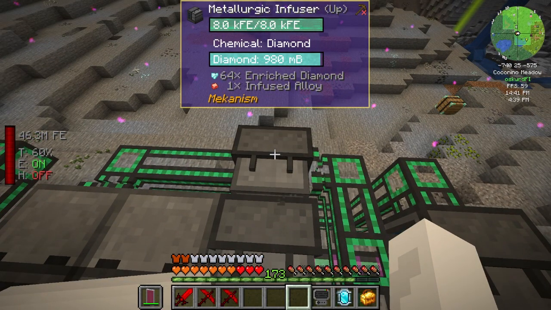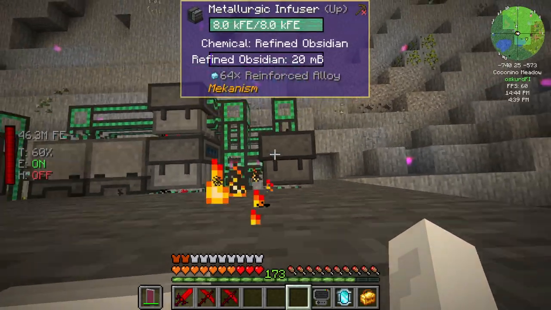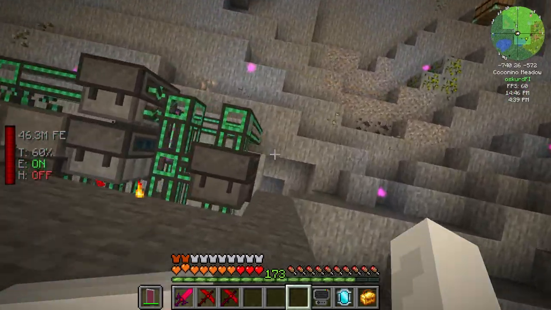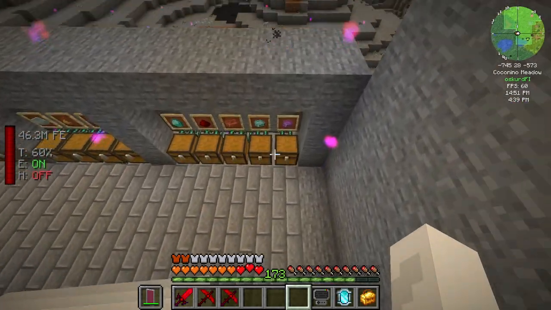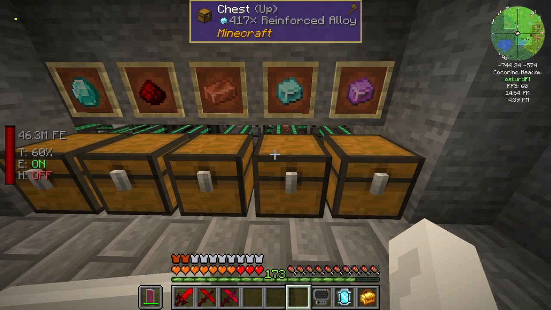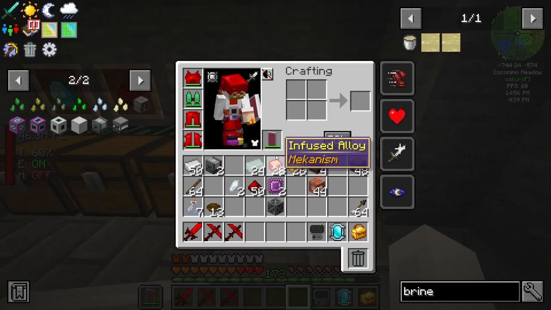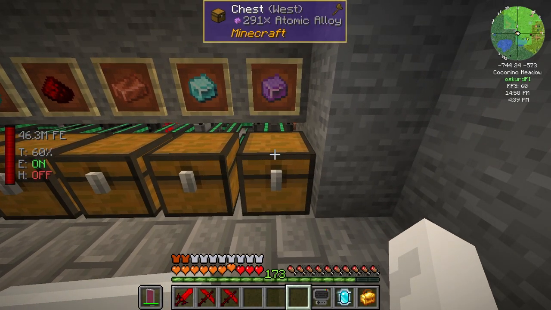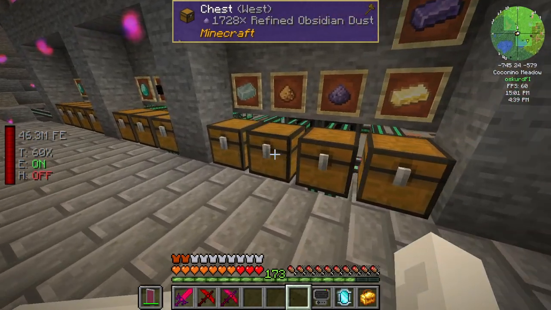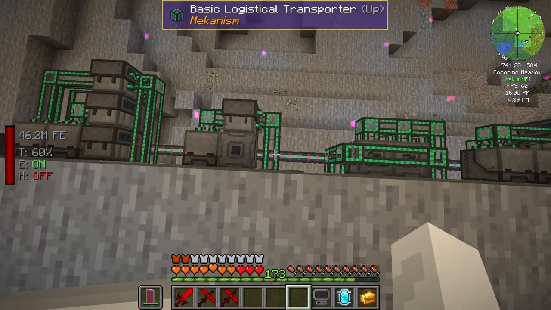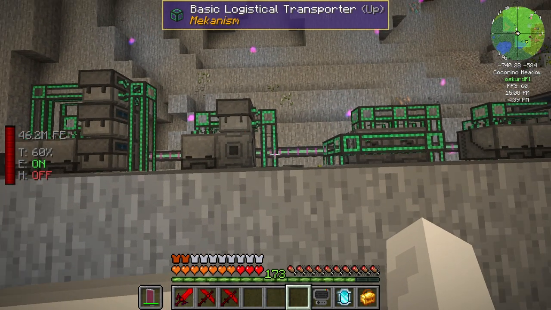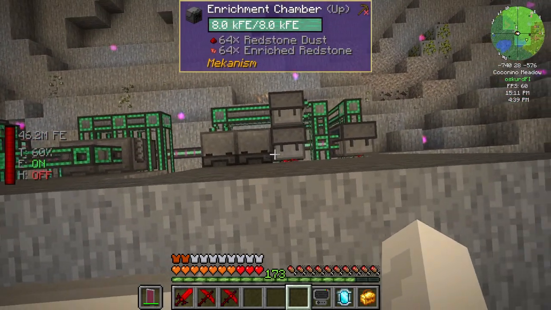Is this still running? It is. Oh, we don't have refined obsidian anymore. Well, that might be totally fine, because we are now getting this refined alloy, and we have almost 300 atomic alloys. So now we just need more. Oh, okay. So this is producing that, then it goes through pipes.